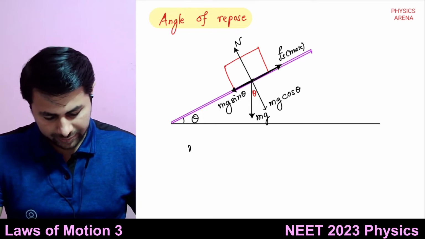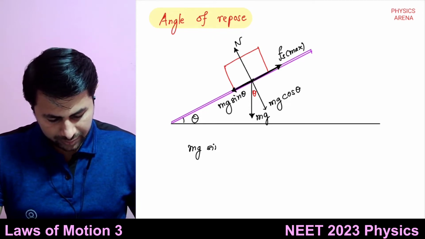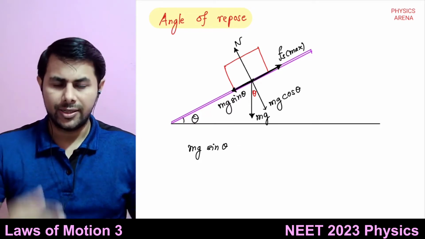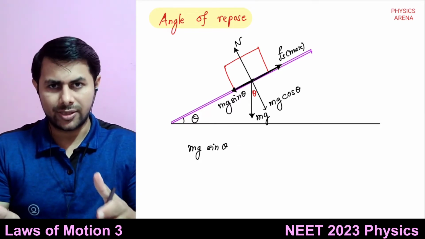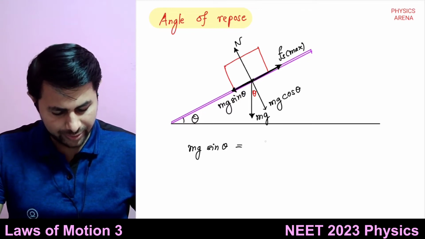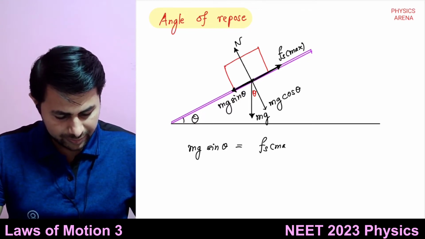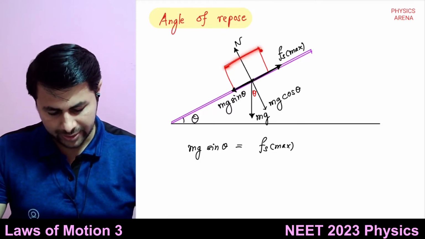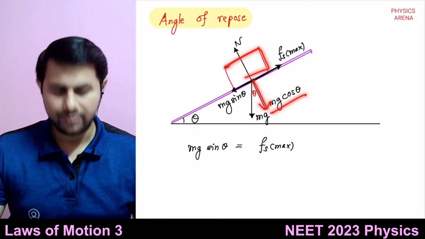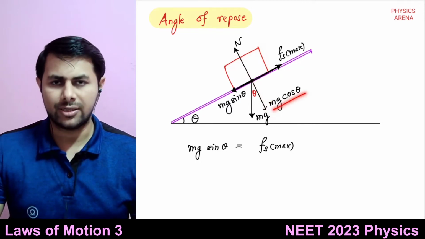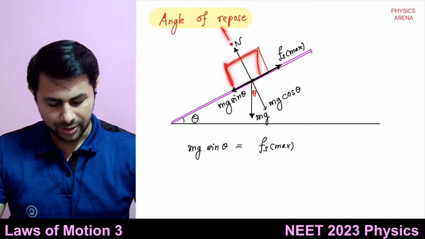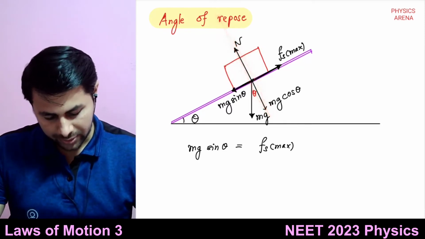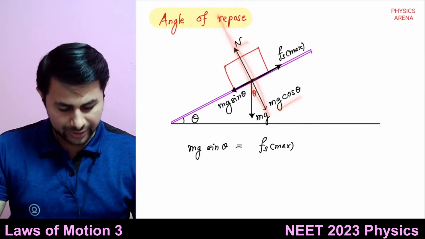Mg sin theta, because it just begins to slide, is equal to the fs max, and the normal reaction will be balanced by this component of mg cos theta, because there is no motion along this direction. There is no acceleration along this direction. So this force and this force are balanced.